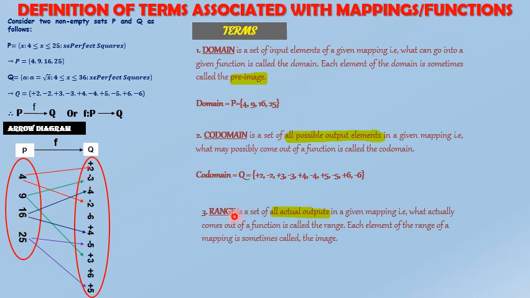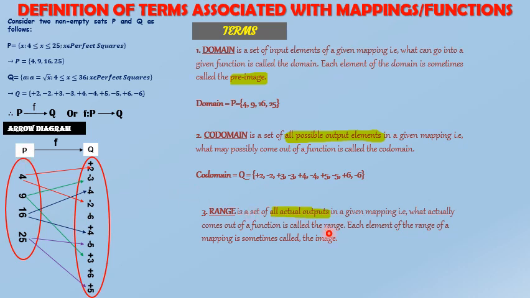In this case now, if you want to list out your range, minus 6 and plus 6 will not be part of your range even though they are part of the codomain. Why are they not part of the range? Because minus 6 and plus 6 do not have any association with any element in our input or domain.